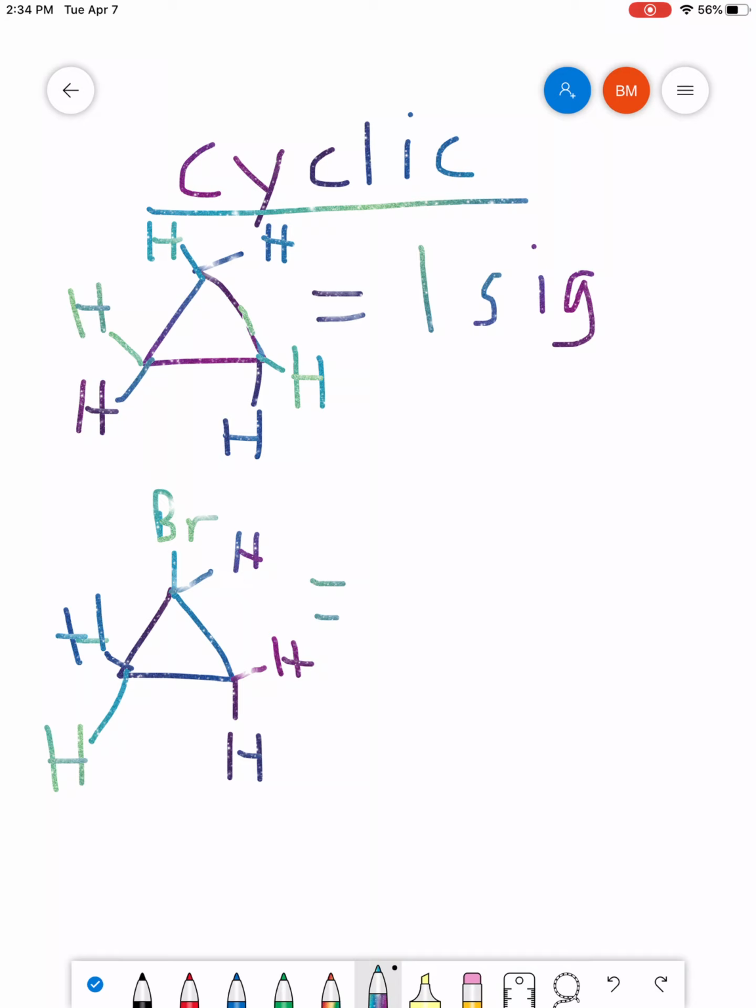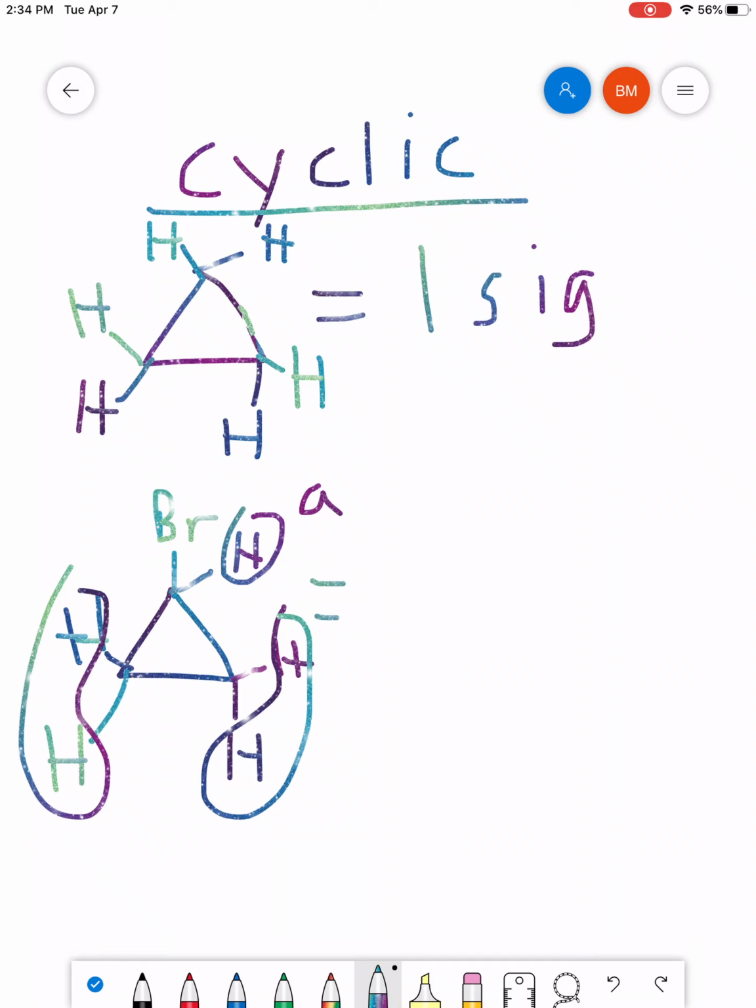All right, so if we're looking at this, we can see definitely one here that's unique, right? And then these over here and these over here appear to see the same environment as well, right? So this one appears to have 2 signals.